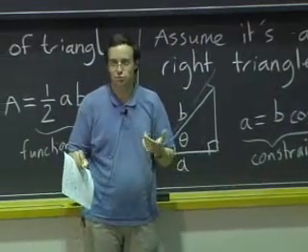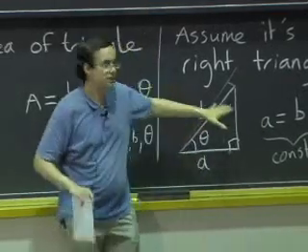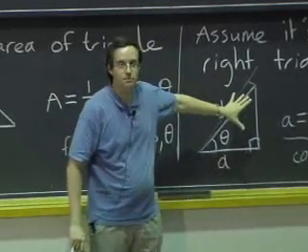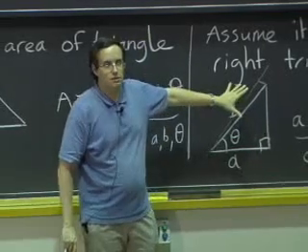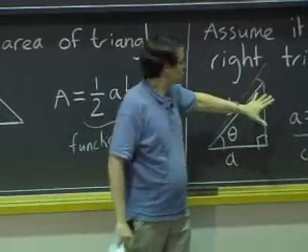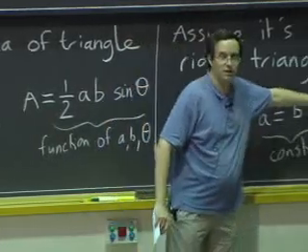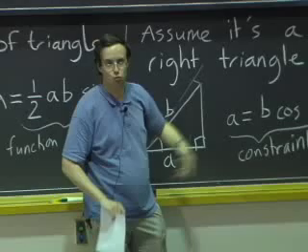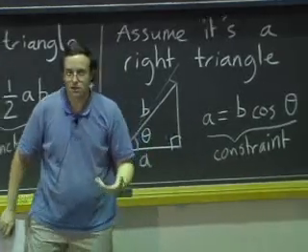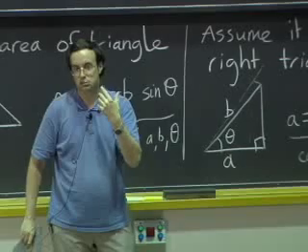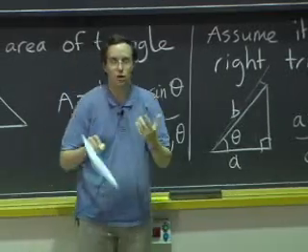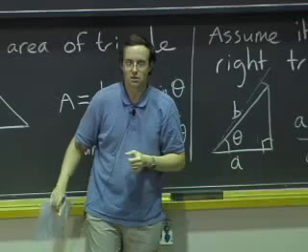But I still have to specify two of them to say exactly which triangle I mean. So I cannot ask myself just how will it change if I change theta and do random things with A and B. It depends what I do with A and B. And of course, I could choose to change them simultaneously, but then I have to specify how exactly I'm going to do that.